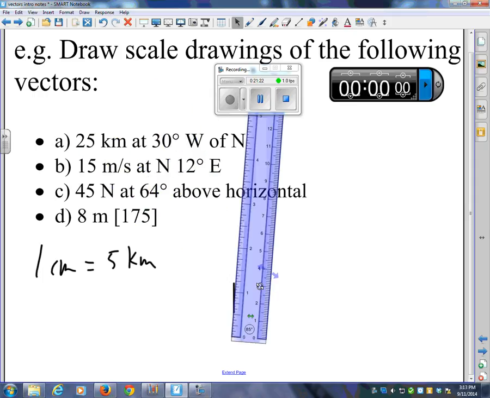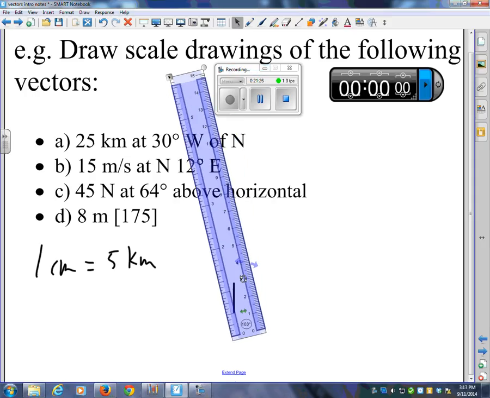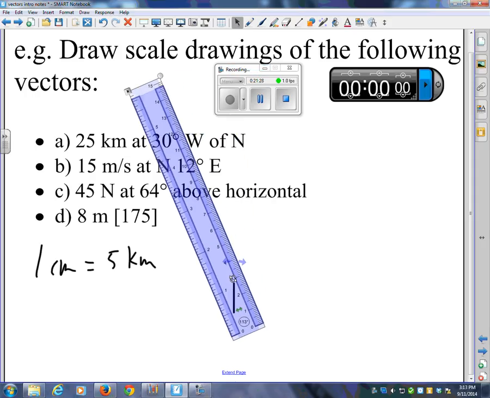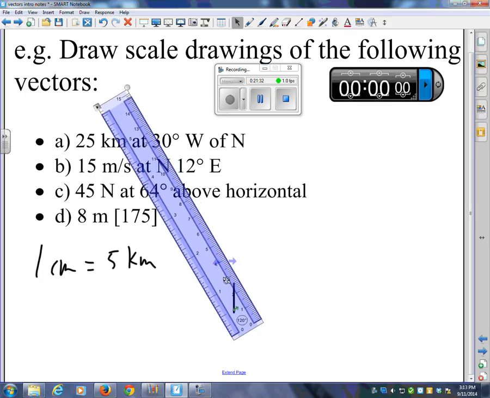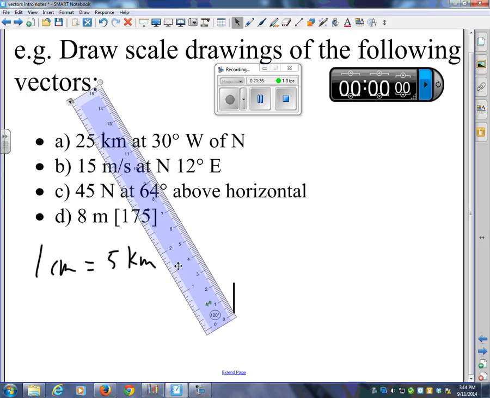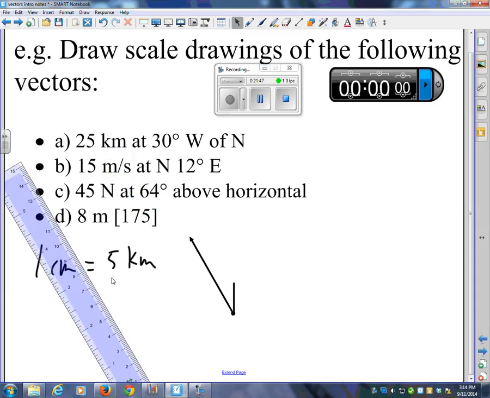That is 90, so I have to go 150. Everything's a little bit different here. I have to put it at 120. Like so, right? And I'm going 25, so I have to go 5 long there. How's that? Something like that?